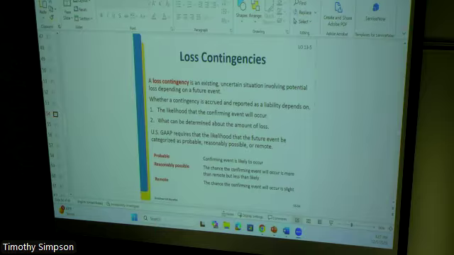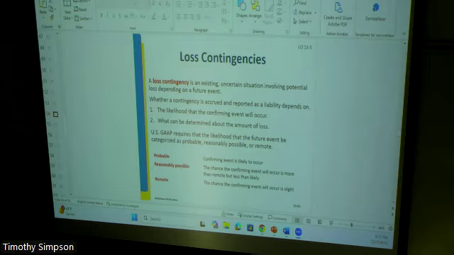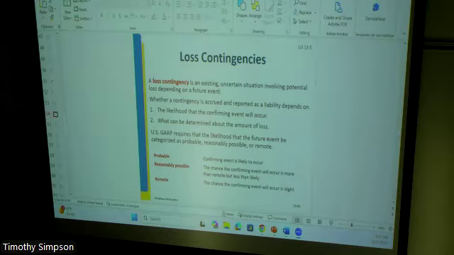And I think that's really the challenge here with regard to loss contingencies. We talk about a contingent liability, and we'll talk about gains in a second, but primarily we're talking about losses, because this is really a continuation of the liability piece. It's dependent upon some existing and uncertain situation involving a potential loss, depending upon some future outcome, whether it's product liability, or some event that may cause liability to the firm, or a lawsuit.